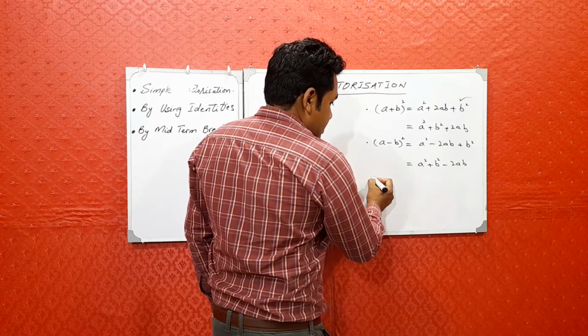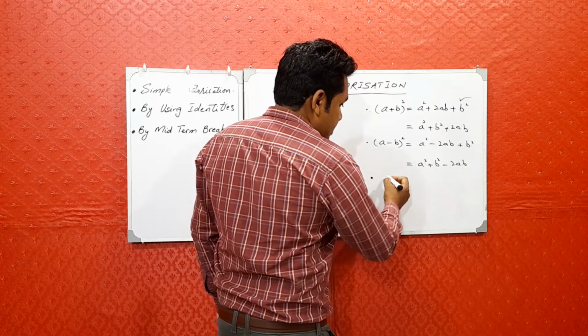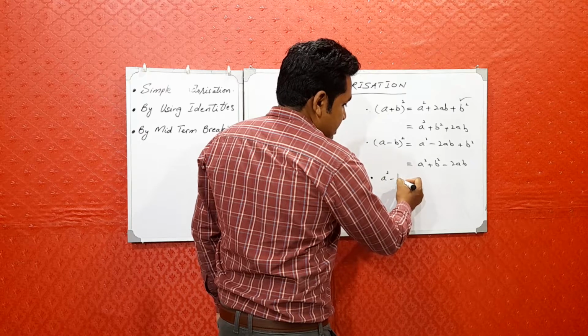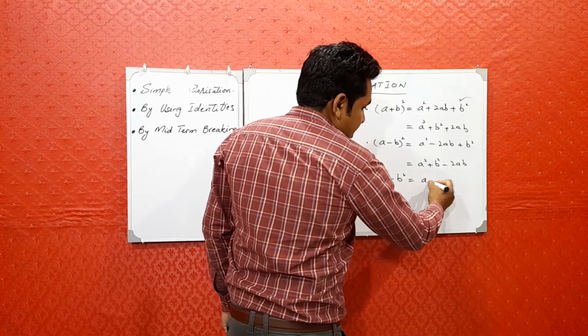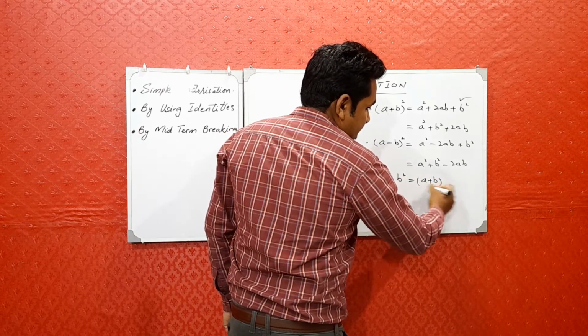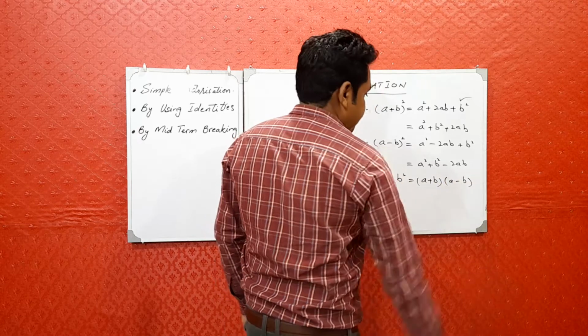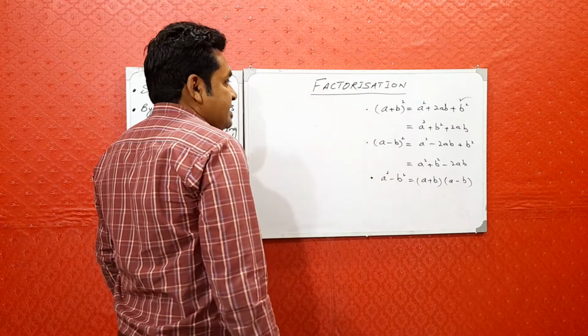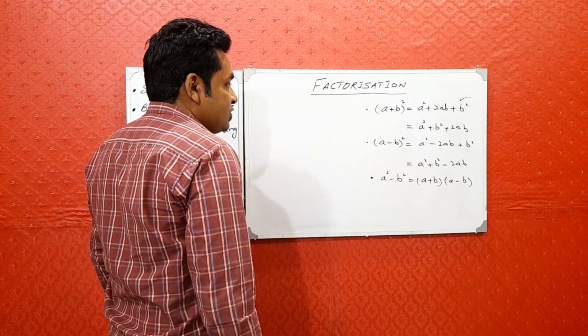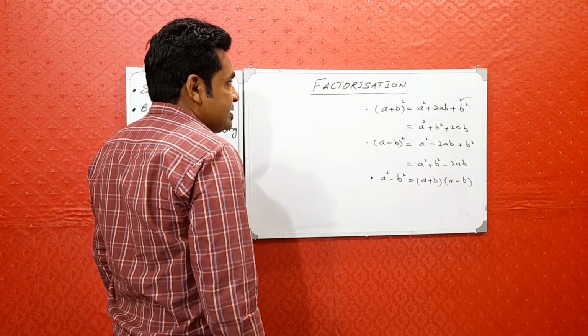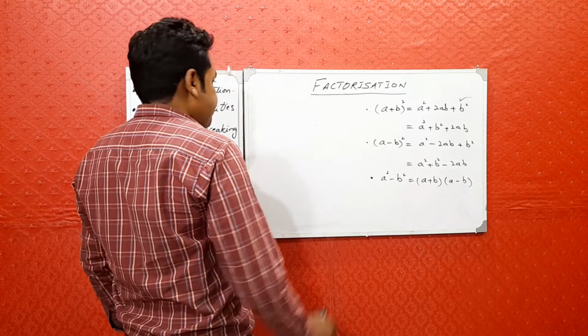The last identity which we mostly use is a squared minus b squared, that is equal to a plus b and a minus b. So these identities we are going to use, and with the help of these identities we will factorize.